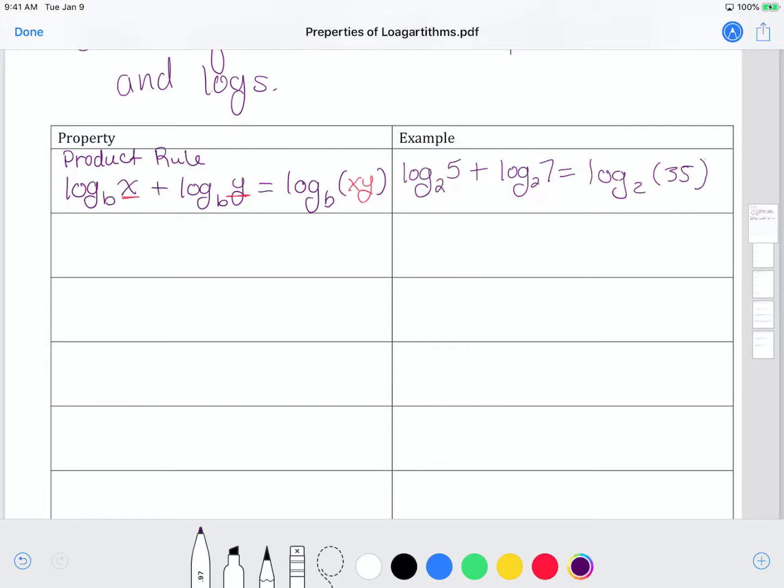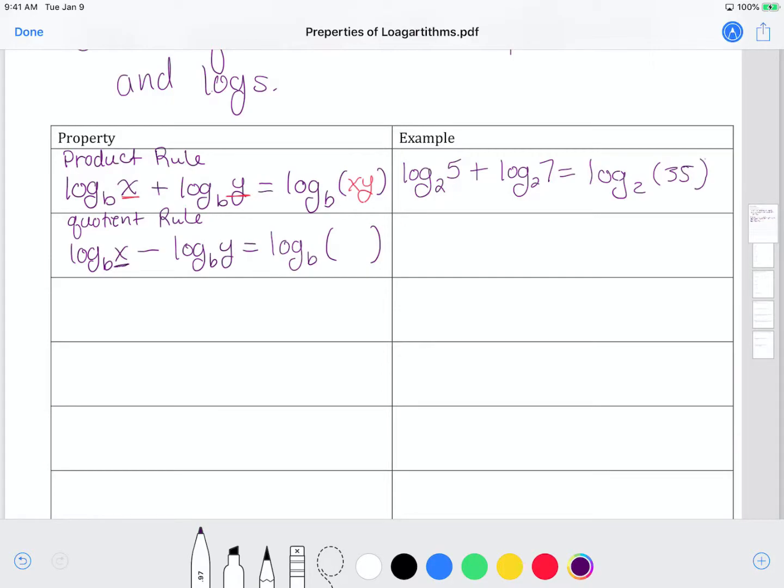Okay, the next rule is called the quotient rule. This is where order does matter because this is where it deals with subtraction and division. So with subtraction and division, as you know, the order does matter. So if I have log base b of x and I subtract log base b of y, I can condense that because my bases are the same into one log and write it as x over y.